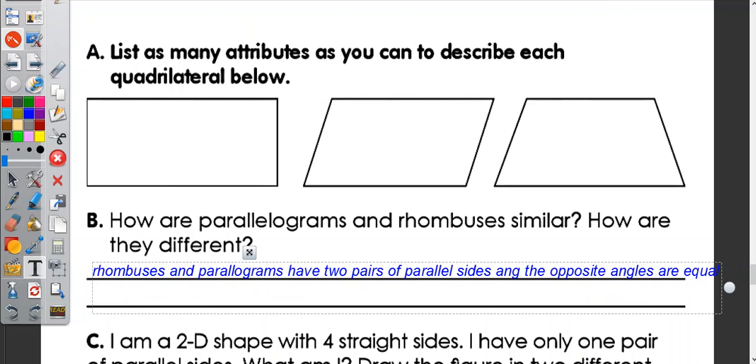Okay, how are they different? Well, in rhombuses all sides are equal, but in the parallelogram the opposite sides are equal.